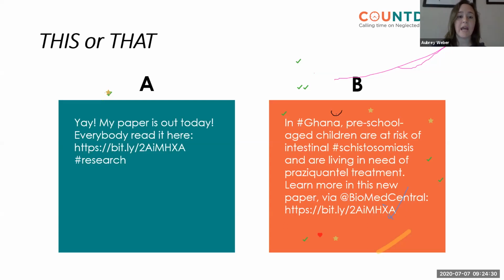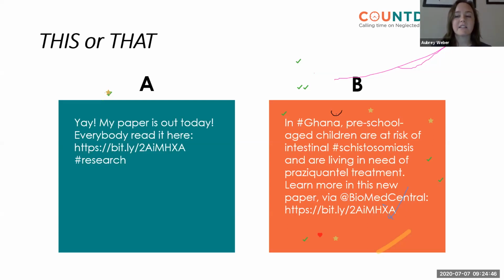So for an NTD paper, you would probably want to assign NTD, or since it's probably about countdown work, you'd probably want to use the handle countdown, maybe even a hashtag for it, if that's used.